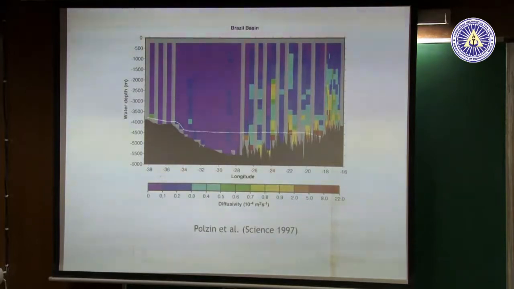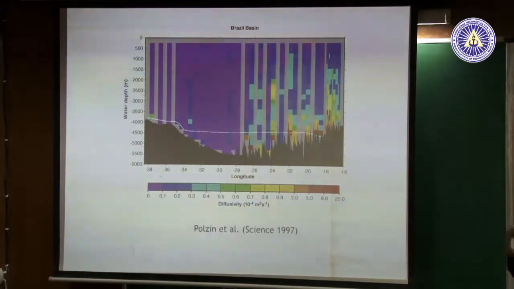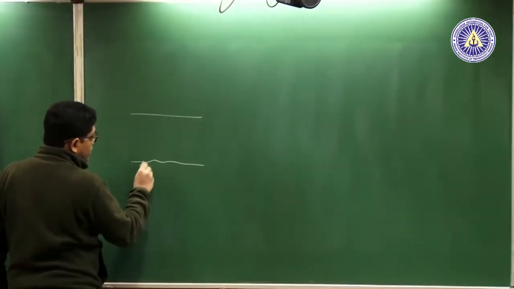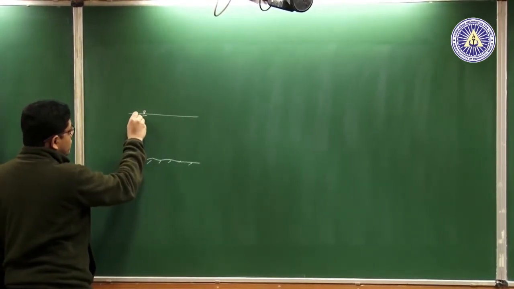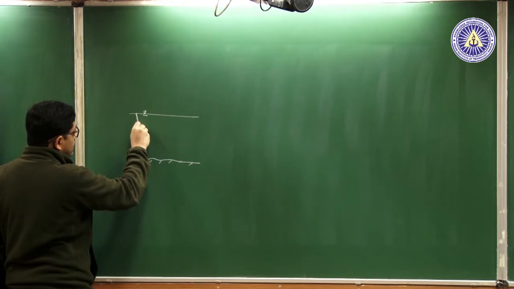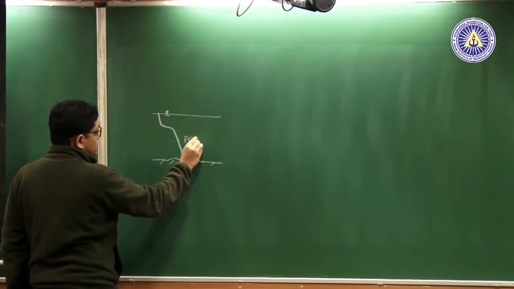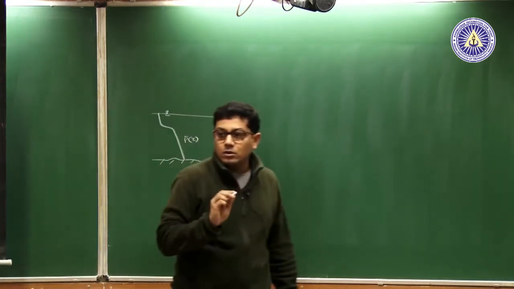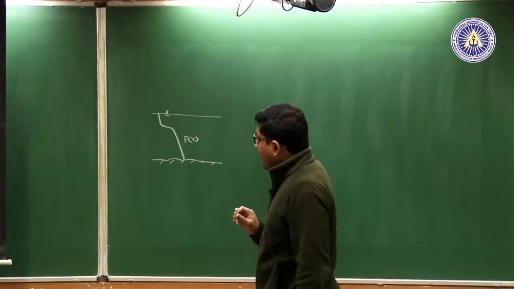In oceans, unstable situations do arise, but the ocean is largely stably stratified. So, for example, if I draw the density, with the ocean's bottom here and the top surface here, the mean density profile somewhat looks like this.